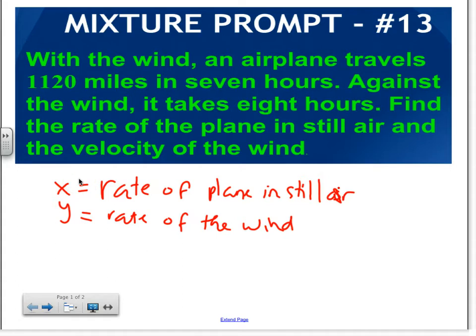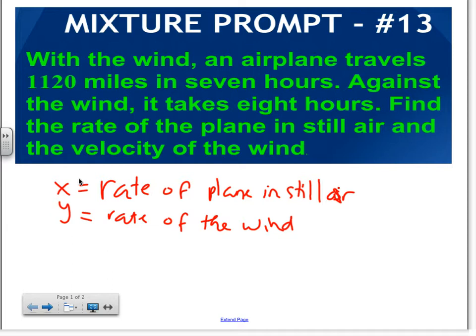Yes. Okay. Now look, we also know something: with the wind, the plane travels 1,120 miles in 7 hours. What's already given there based on that first sentence? Yes, the distance and the time. Interesting. Didn't we just learn something about distance, rate, and time? What is that formula again?